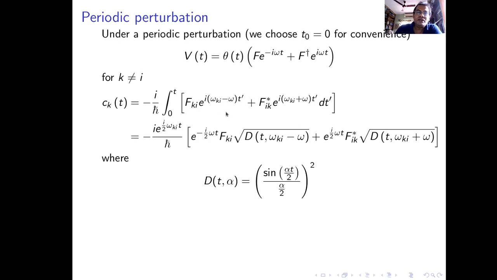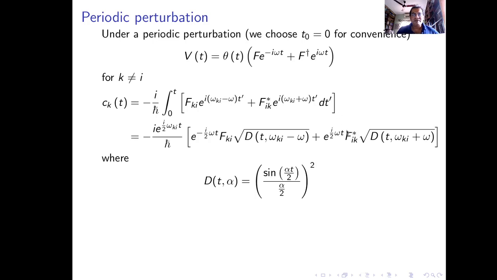Since we don't really have the modulus as a result of the integration, replacing the sine of (omega ki minus omega) by 2 into t by (omega ki minus omega) by 2, which we really had as a result of the integration here, by square root of d actually is not right, because whenever this quantity inside the bracket becomes negative, square root of d is not this thing, but rather it's negative.